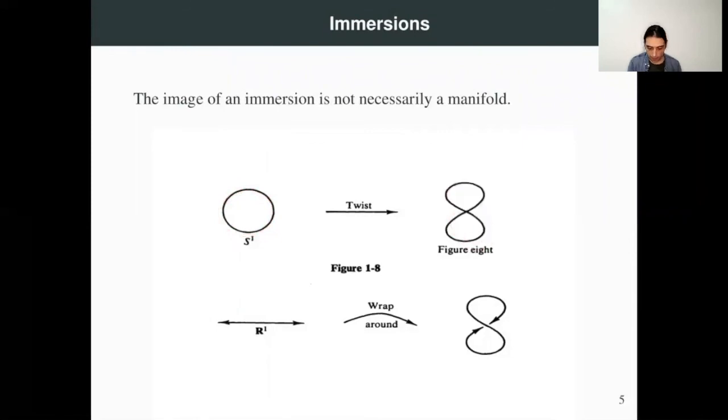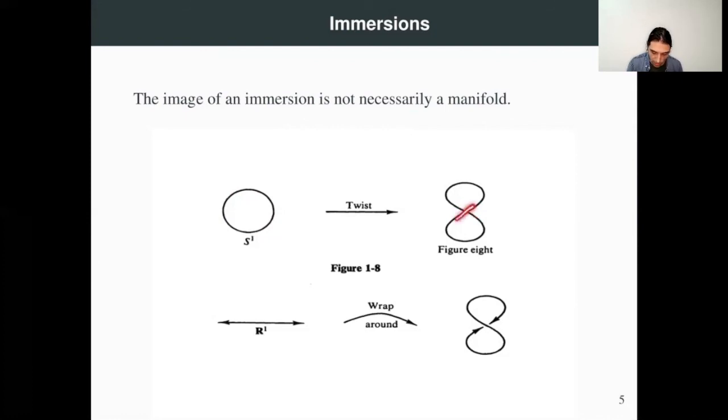And what happens is that this, let's say, singular point of the figure 8, the point connecting these two circles, has two preimages. And here we're in a situation in which the figure 8 in the neighborhood of the singular point is going to be the union of two submanifolds. Okay? But it's not going to be a manifold.